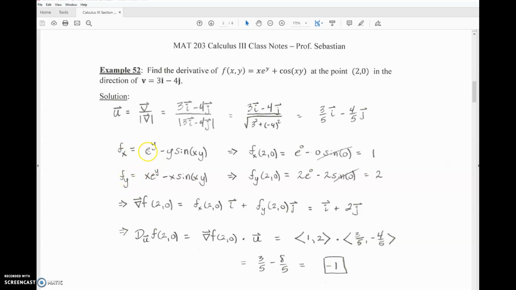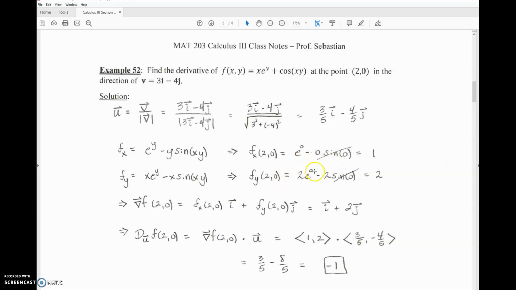The partial of f with respect to x is e to the y minus y times sine of xy. And the partial of f with respect to y is x e to the y minus x sine of xy. Evaluate each of these at the point 2, 0. I get e to the 0, which is 1, minus 0.